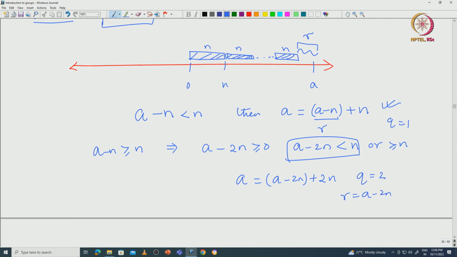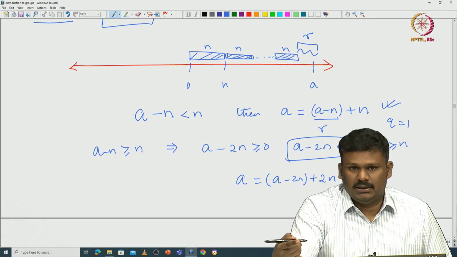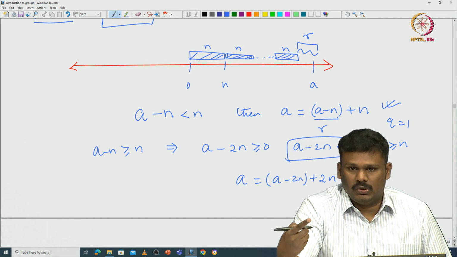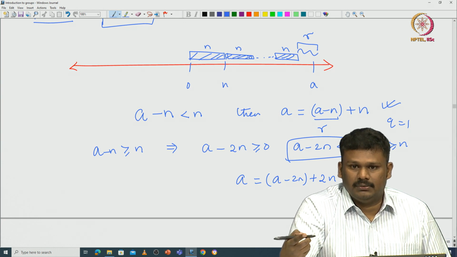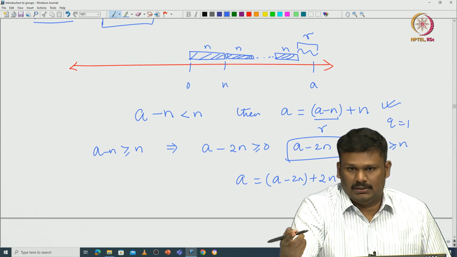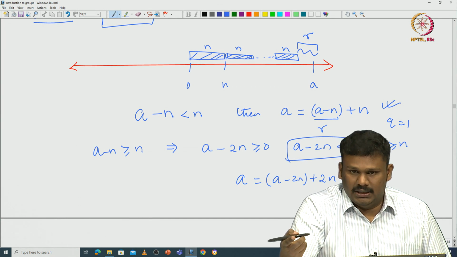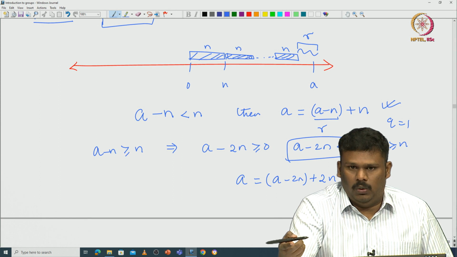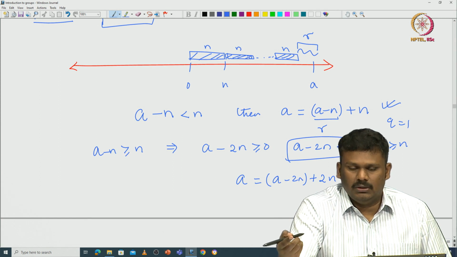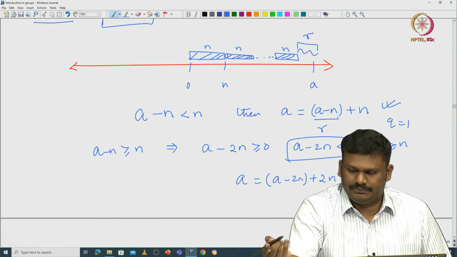So this is what you continuously do. You keep subtracting multiples of n from A until you reach some number that is smaller than n. The division algorithm guarantees that this is always possible, so you are guaranteed that there is a quotient as well as a remainder.